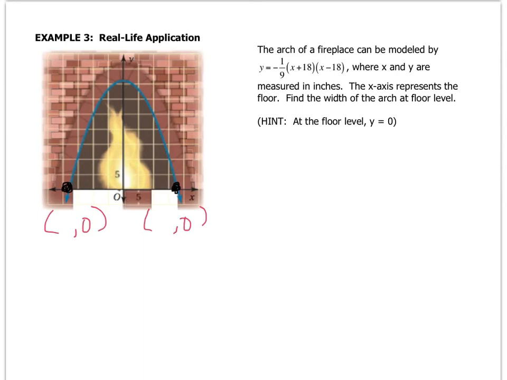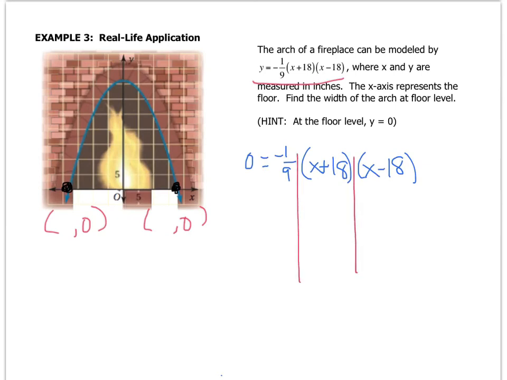So if I take my polynomial up here, and I plug in 0 for y, then I can solve and get the x values. So 0 equals negative 1/9 times x plus 18 times x minus 18.